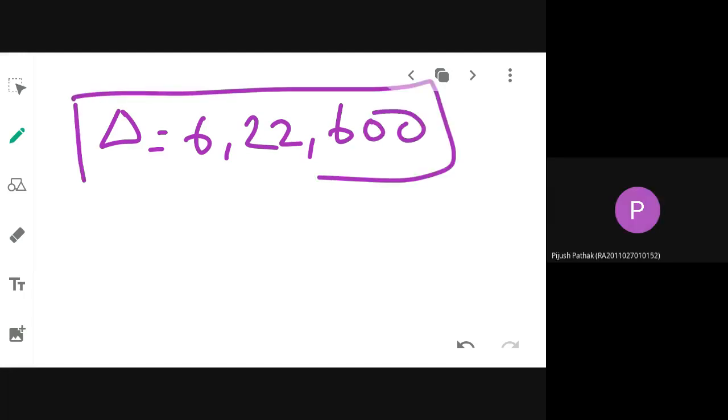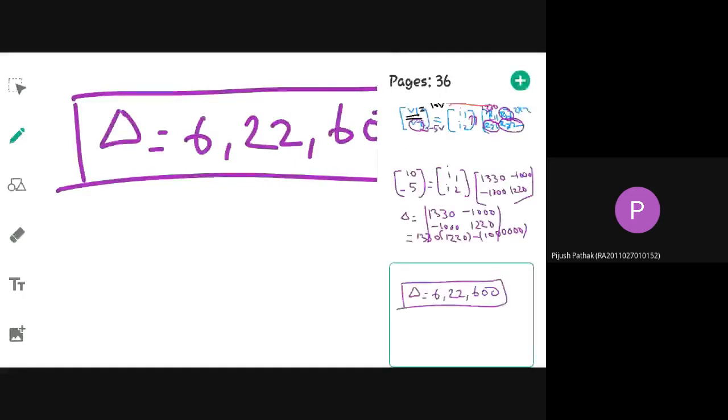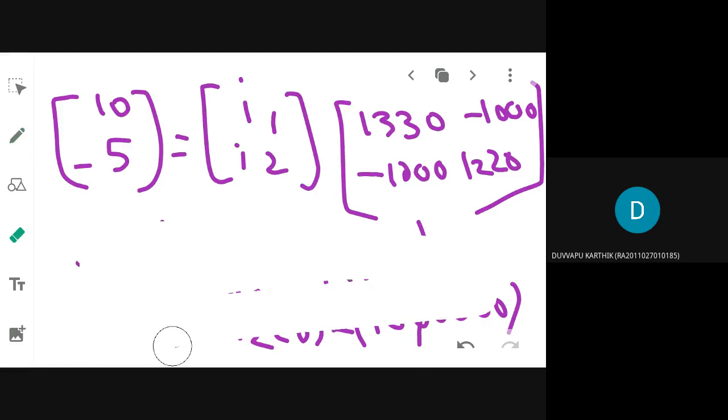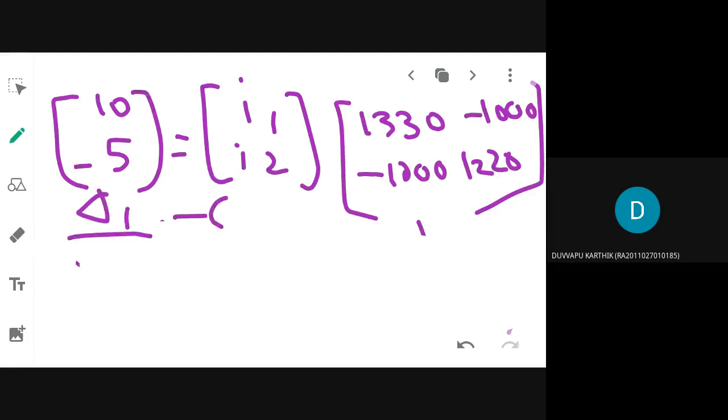Now I will tell you how to write del 1. Shall I rub the matrix a little bit, because this page is very small? This method is called Cramer's rule.